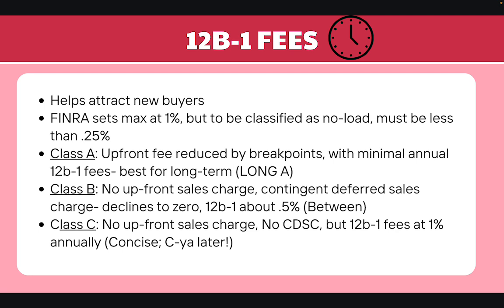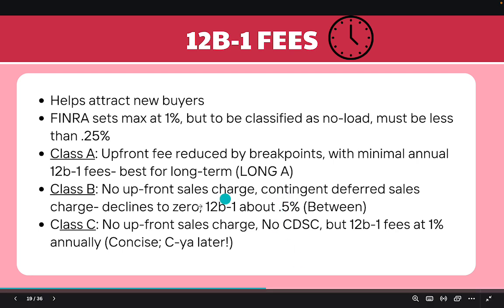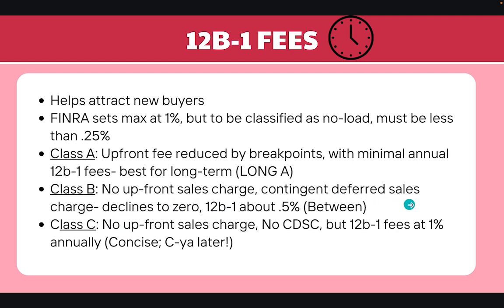Upfront, front-loaded. Class B, there's no upfront sales charge, and there's a contingent deferred sales charge that eventually declines to zero. The 12b1 fees are about 0.5%. And those can turn into Class A once they get to that zero for the contingent deferred sales. Class C, no upfront charges, no contingent deferred sales charge, but 12b1 fees are about 1% annually.